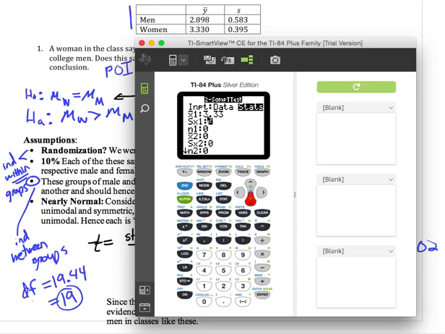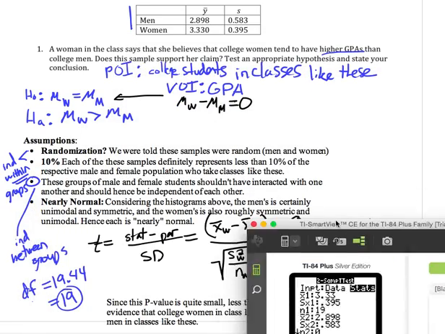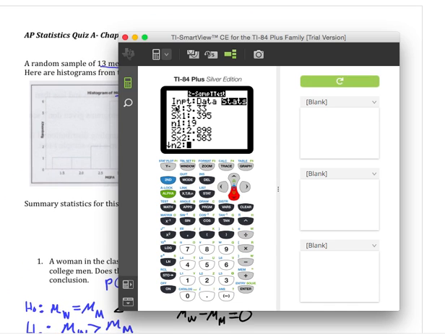I don't think it matters which one I put where. That sample standard deviation was 0.395, and we had 19 women. The men was 2.898 and 0.583. And how many men were there? I forget. Let's see. My calculation had it in there, didn't it? No, it didn't. Let's scroll up and see. 13. Okay.